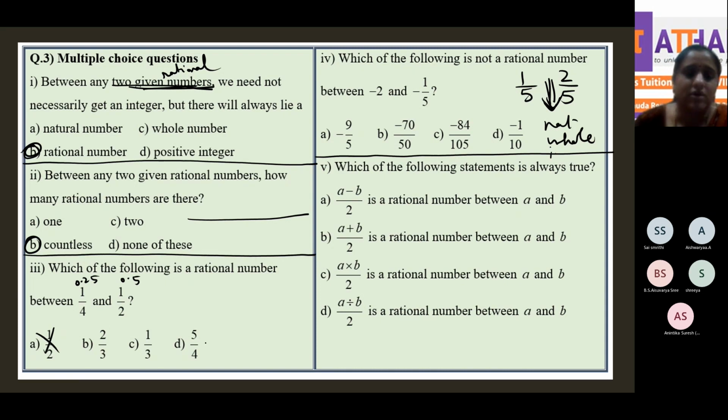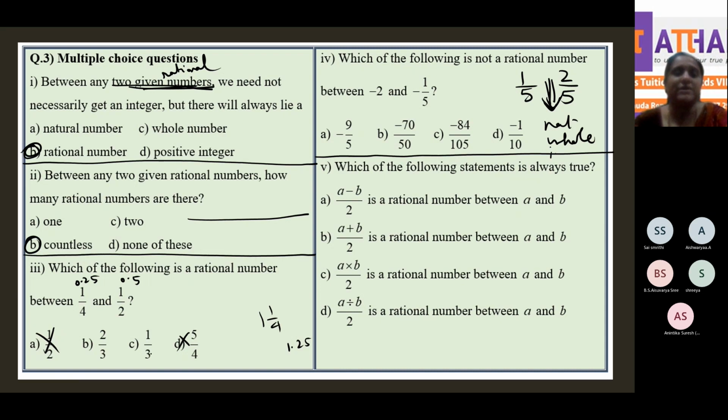Now, 5 by 4 is more than 1. It's not between 0.25 and 0.5. 5 by 4 as a mixed fraction is 1 and 1 by 4, it's 1.25. It's not between 0.25 and 0.5.